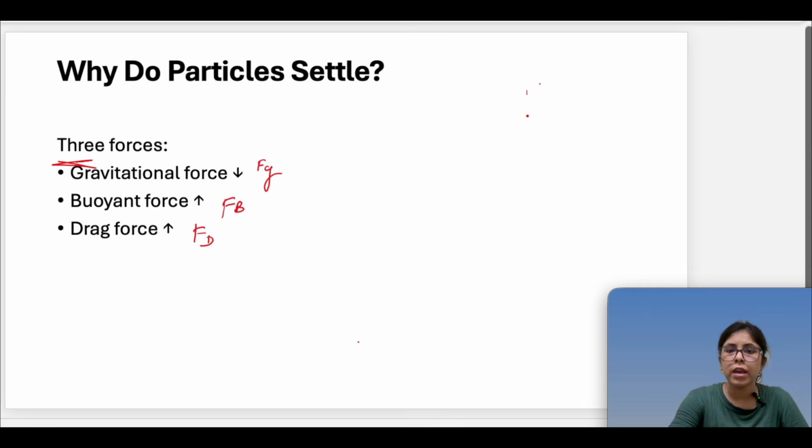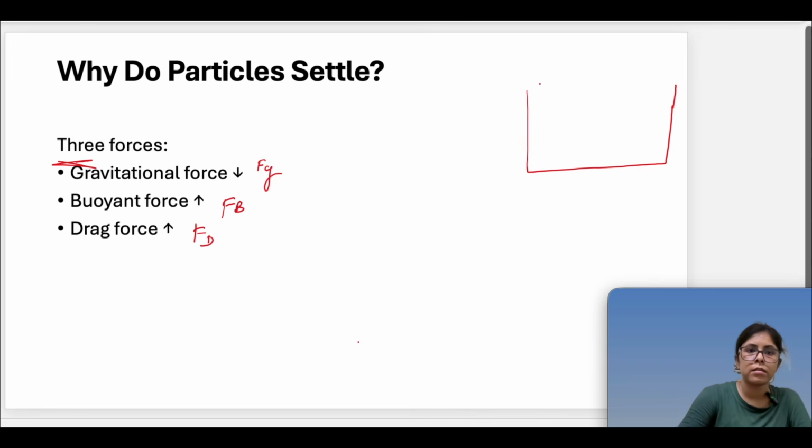Okay. So we have a tank, something like this. Okay. Let's say, in this I have a particle.